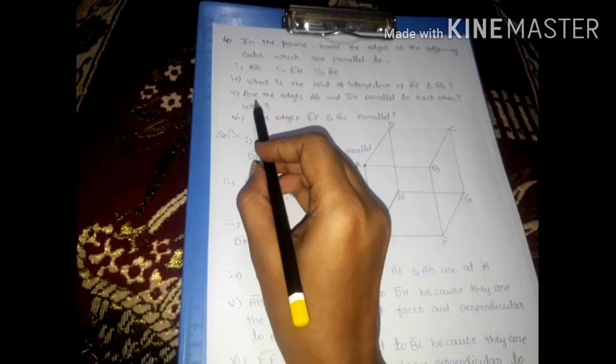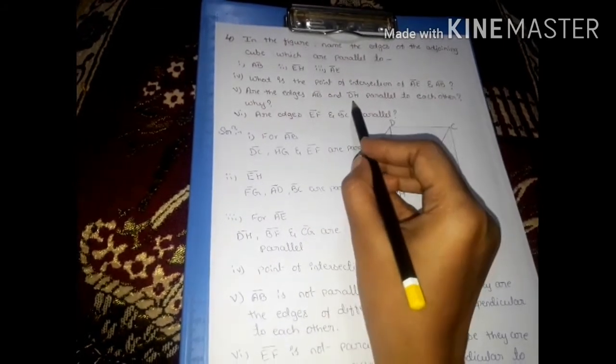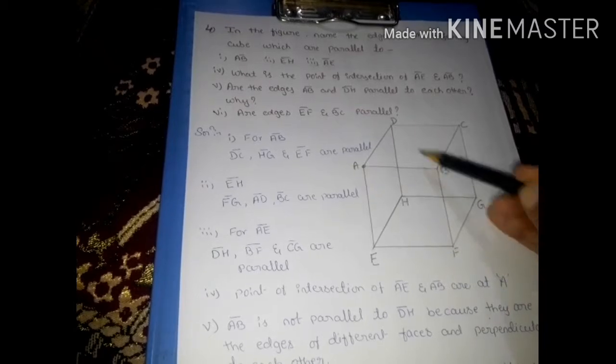Fifth question, are the edges AB and DH parallel to each other? Why? Here they are asking whether these two line segments, AB and DH, are parallel to each other.